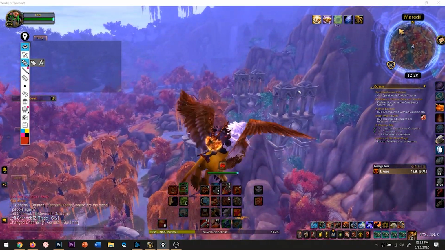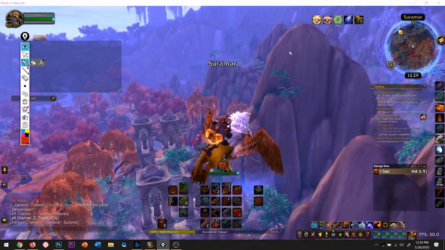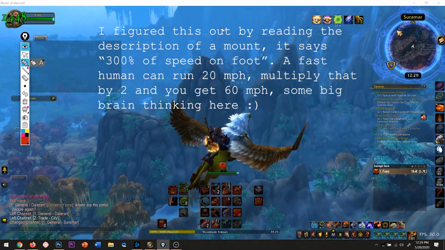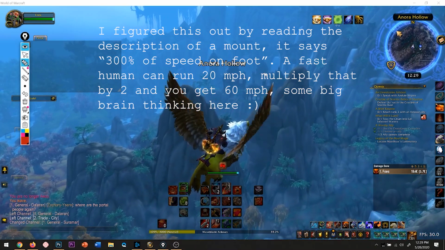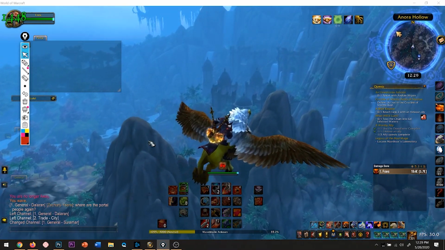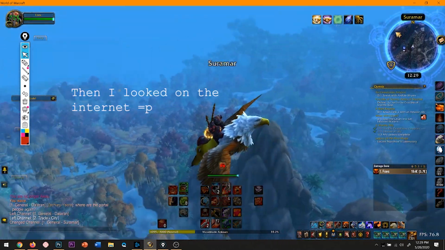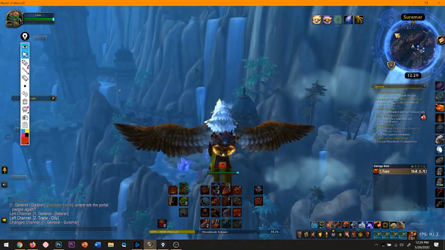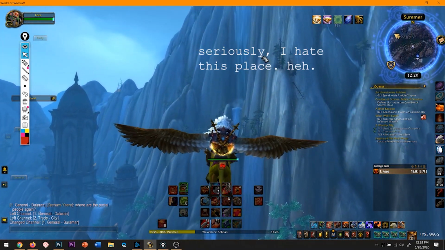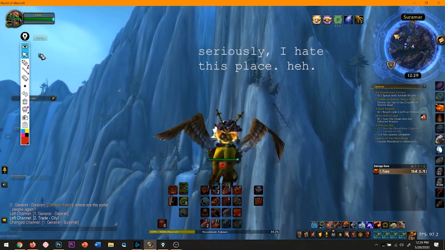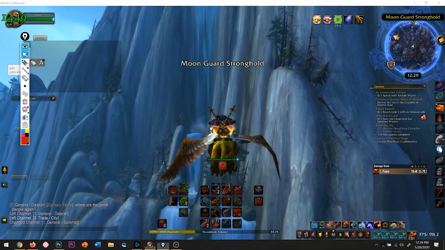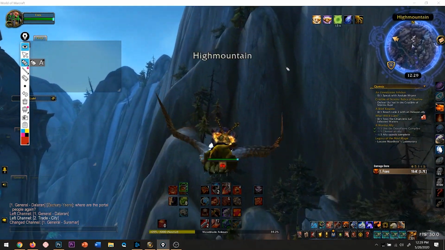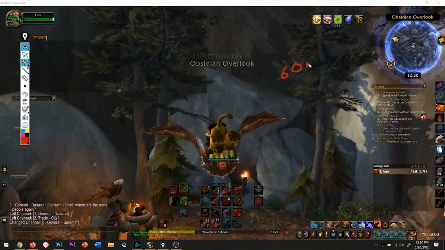So the idea I have is if we could find out how fast the mounts fly, which I have done. So getting back to what I was saying, I did some research on the internet, like a nerd, and it turns out that if you have one of the fast mounts, you can fly at 60 mph.